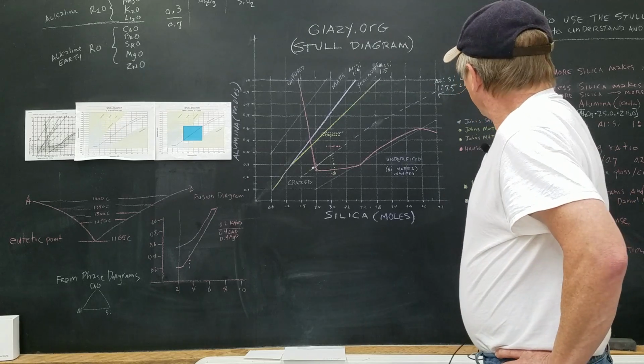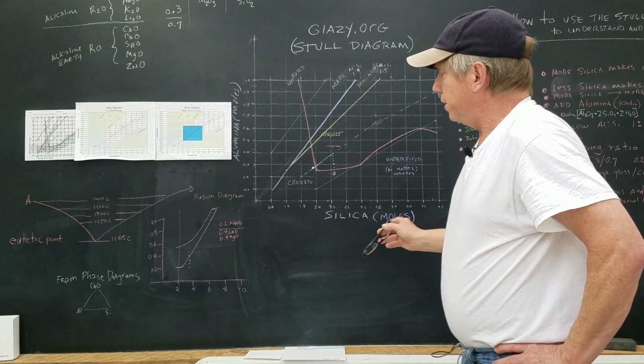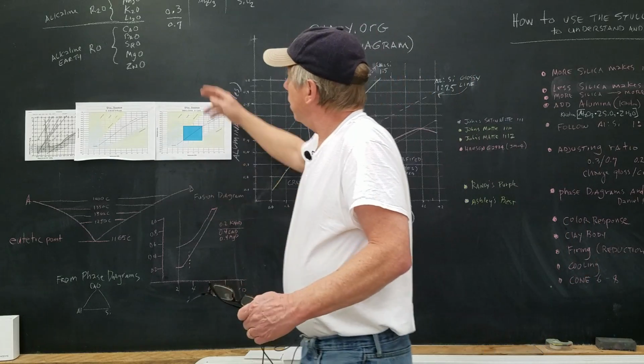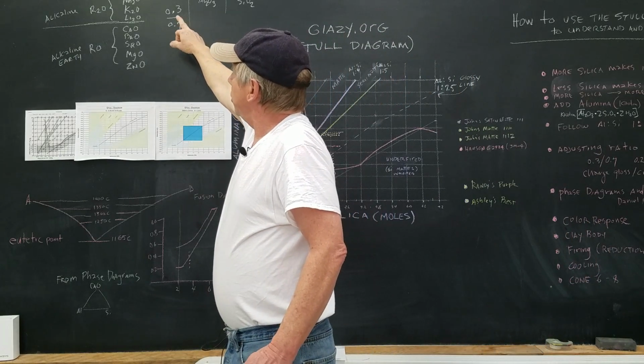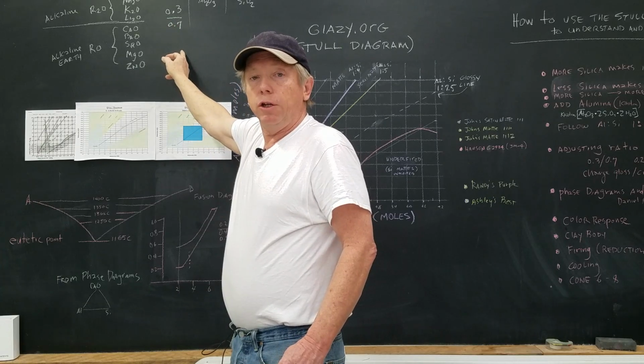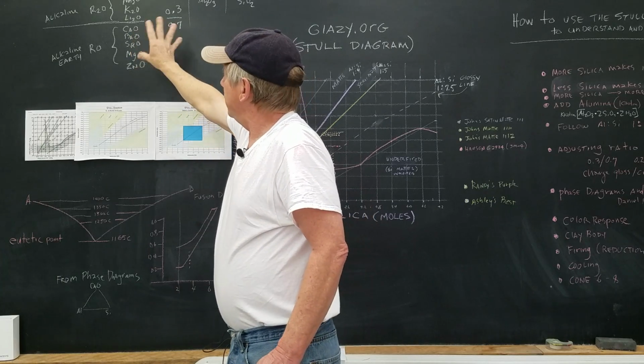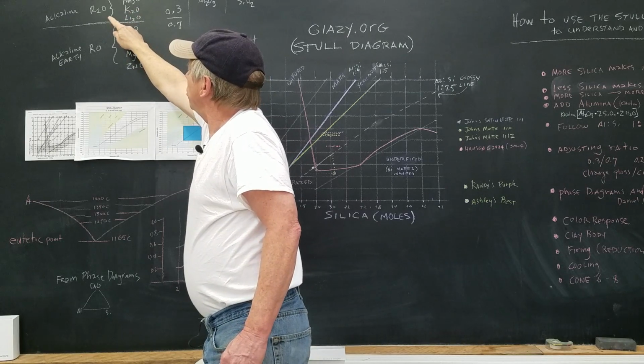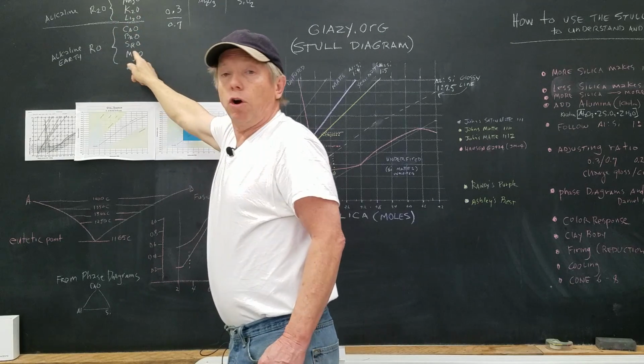Okay, so what we're going to try to do today, the other thing I want to tell you about this is that oftentimes the ratio of these fluxes is 0.3 to 0.7. So 0.3 of R2O and 0.7 of RO.